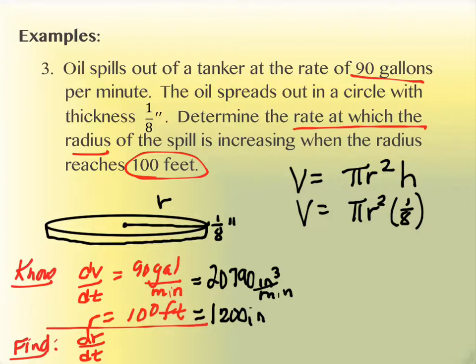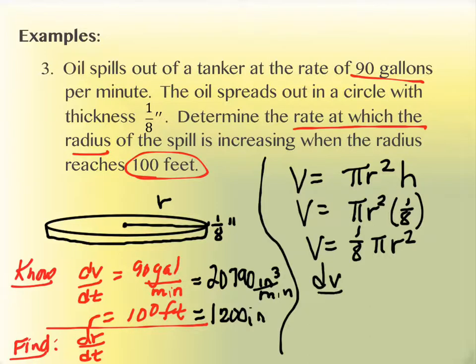Now we can actually take this derivative, though. So what is the derivative of V equals pi r squared times 1/8? In fact, I'll write the 1/8 at the beginning just for clarity. What's going to go on the left? dV/dt, you bet. What's going to go on the right?